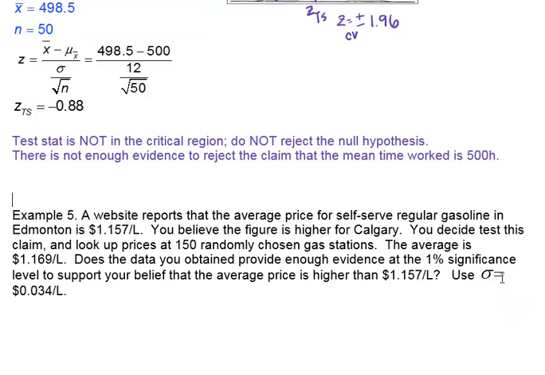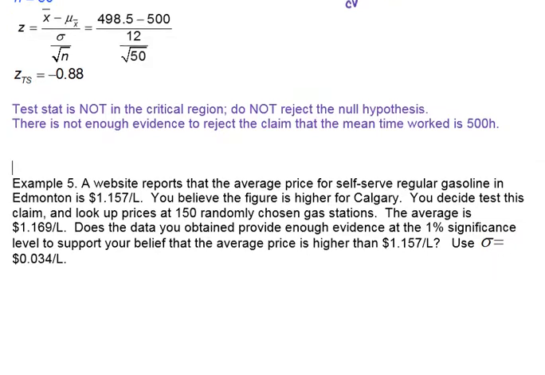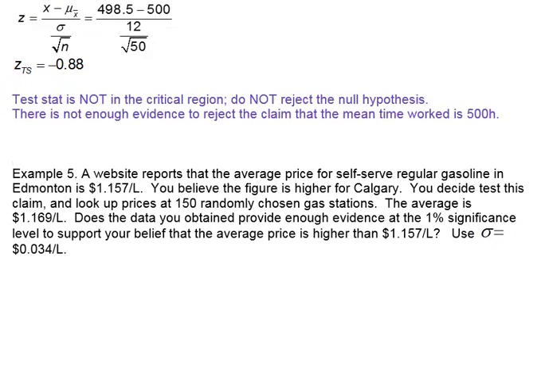And again, we're told to use sigma, so we know that's the population standard deviation. So let's look at what we know here. There's several pieces of information. When we're trying to identify the claim, if you do have a sentence that actually ends in a question mark, that's a good idea to use to try and figure out what the claim is.